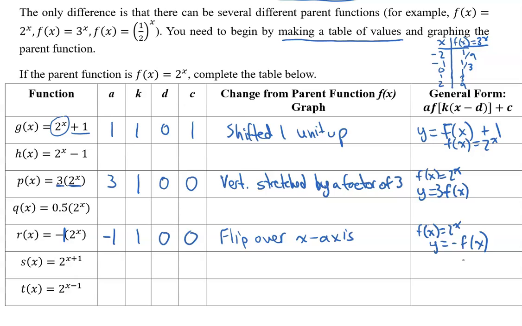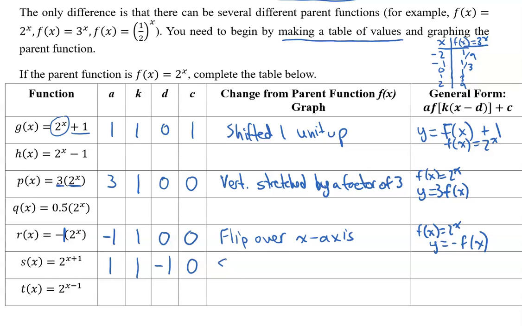All right, and then s of x now. The only thing that we have here is this plus 1. And so the a value is 1, the k value is 1, the c value is 0. It hasn't been shifted up or down, but this is with the exponent. And so it's actually going to be a -1, because I said earlier that if you add it, it's the same thing as going minus or subtracting a negative. So in this particular case, we have a -1 as the d value.